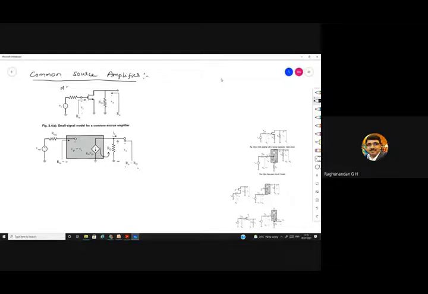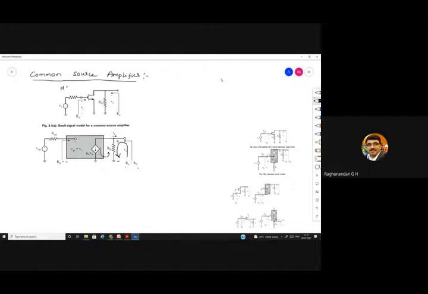Whenever you consider the output circuit to find the current, it will be in the opposite direction. So we will be applying KVL to this portion.